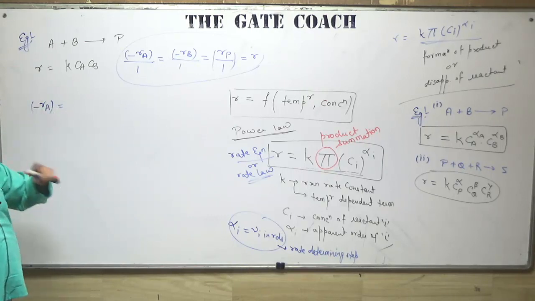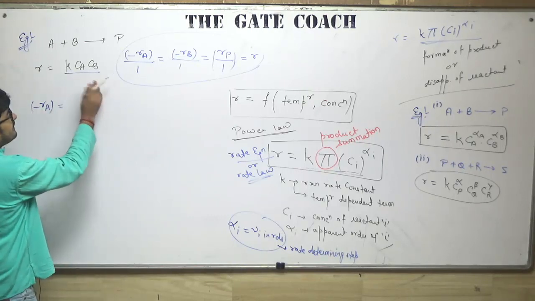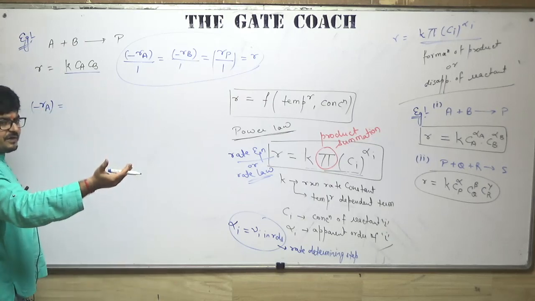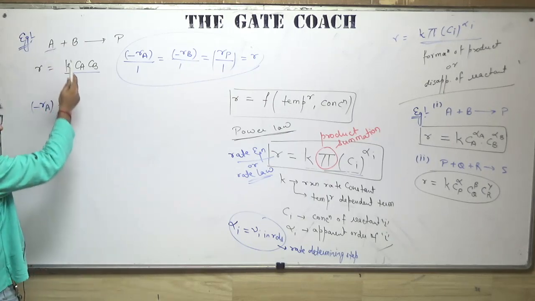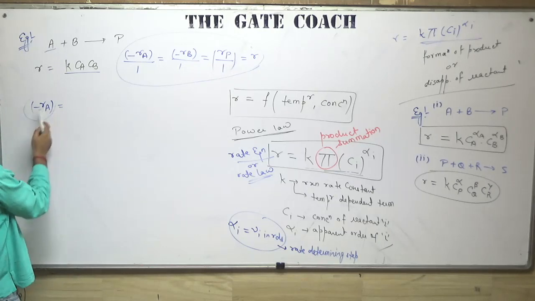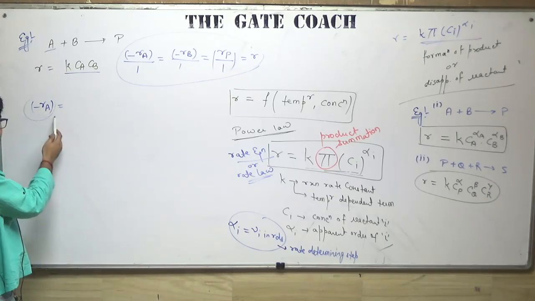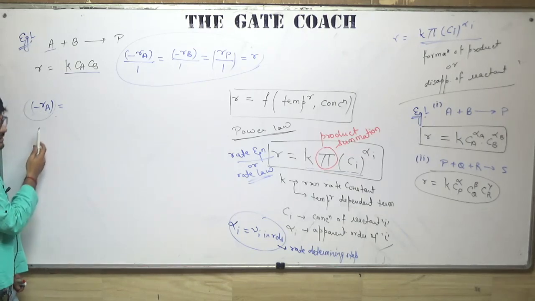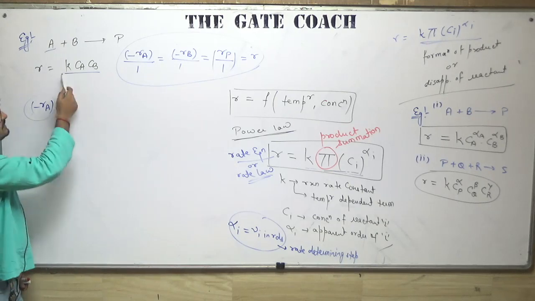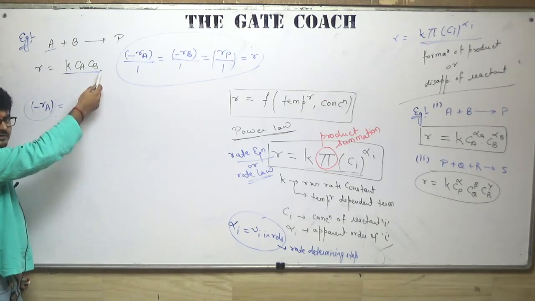Now just see, this part represents the disappearance of reactant and formation of product. A is the reactant. I am talking about the rate in terms of disappearance of A. I want to write down the rate of reaction in terms of disappearance of A. This also represents the disappearance of reactant.